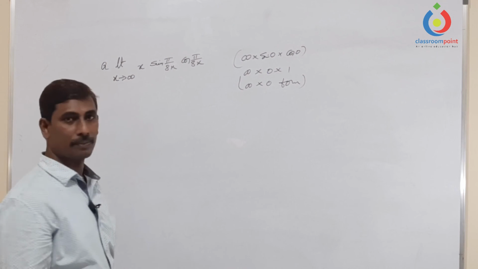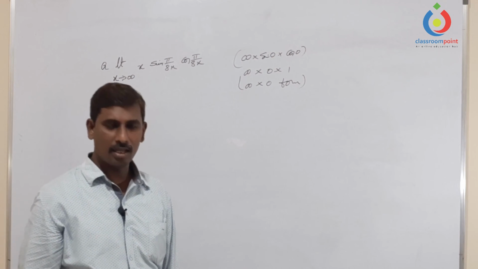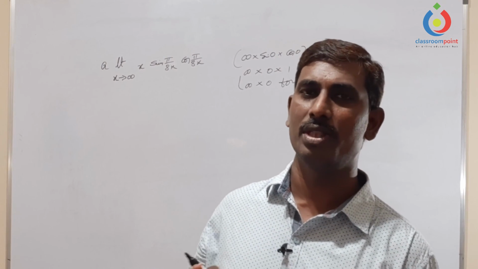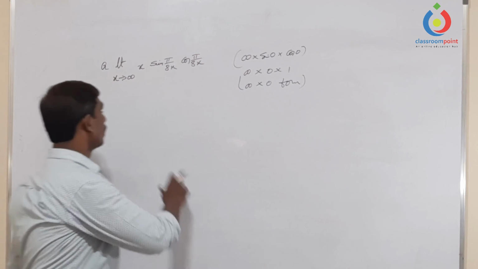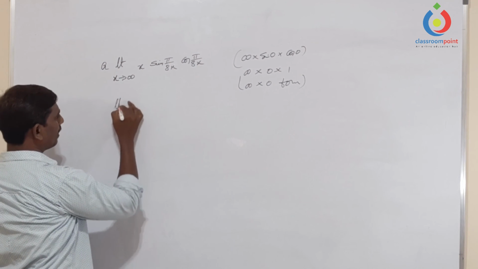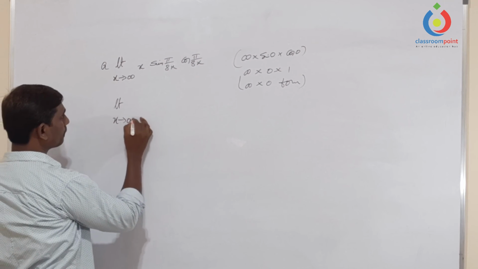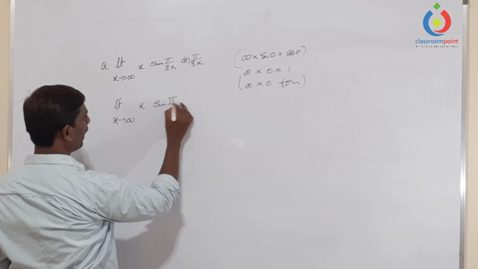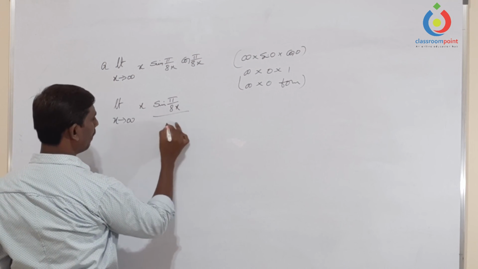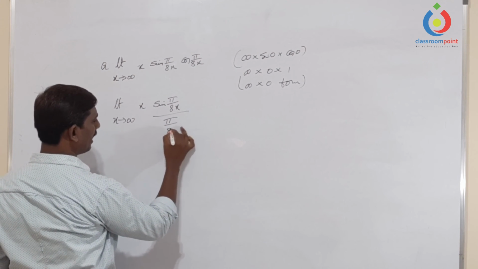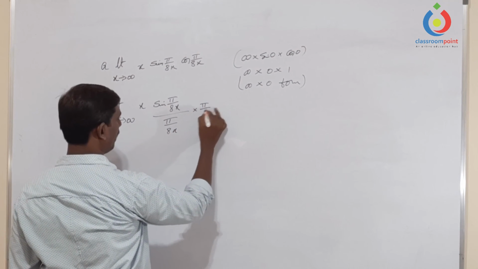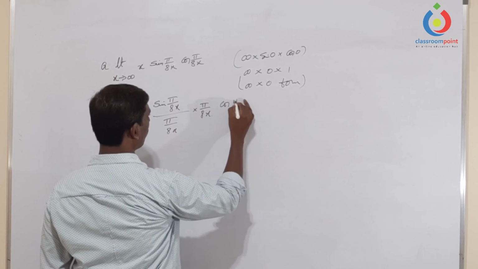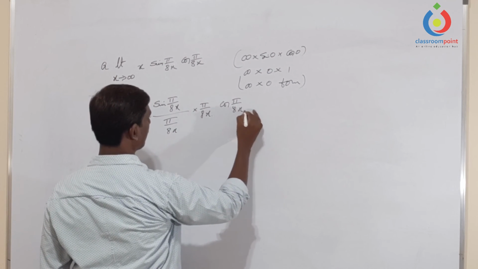Then what to do, sir, here? Infinity into 0 form. When we get infinity into 0 form, take any one value in the denominator. Here, we'll do one thing. Limit x tends to infinity, x keep outside, sine of pi by 8x, multiply and divide with pi by 8x, into pi by 8x, into cos of pi by 8x.